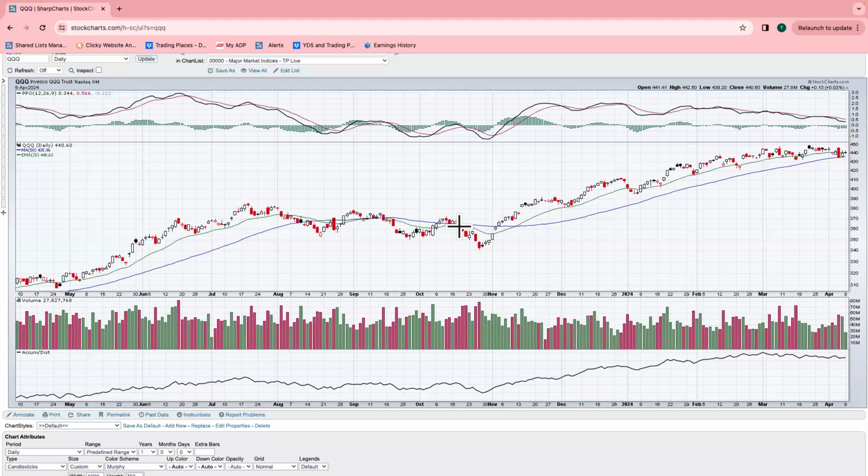Maybe I buy them at a support level. Maybe it's not at gap support, but those are the types of stocks that I really want to concentrate on. And so that event will concentrate on trading gaps. And I have a few strategies that have worked for me quite well over the years, and I'll be sharing some of those on the 22nd.